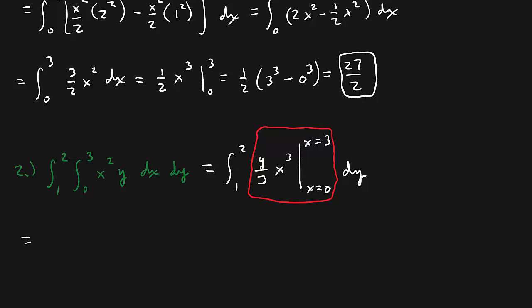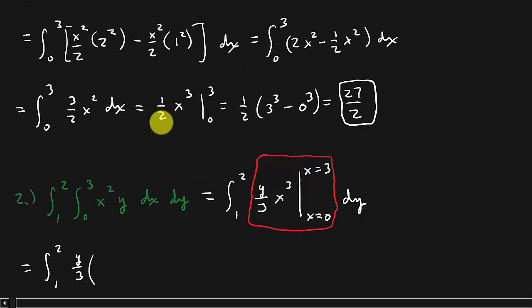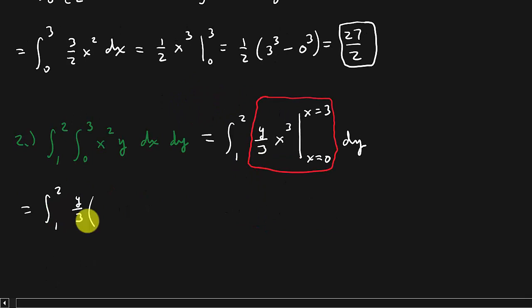All right, so that's going to give me integral 1 to 2 y over 3 times, now, you know how I did here? See how I had the coefficient here and I just left it out here and I plugged the 3 in for x and the 0 in for x? Look, I'm going to do the same thing here. This is like my coefficient right here. So I'm going to plug the 3 in for x, so that's 3 cubed minus 0 cubed dy.